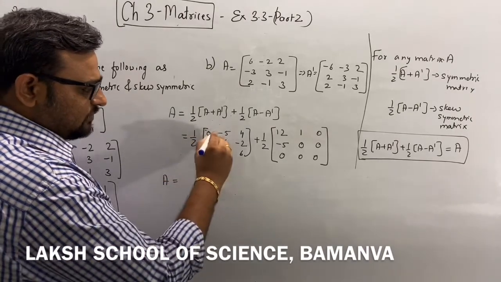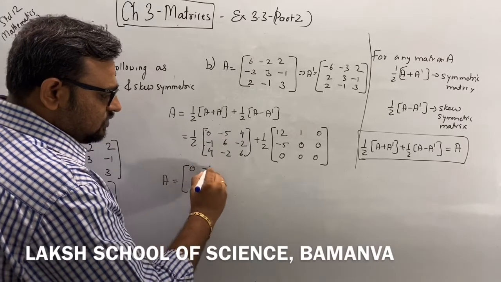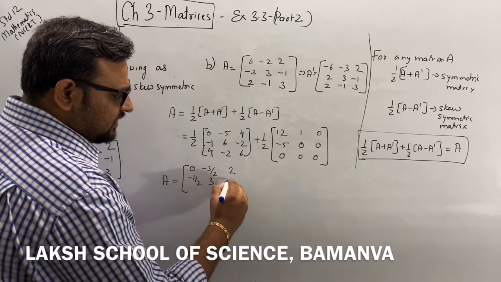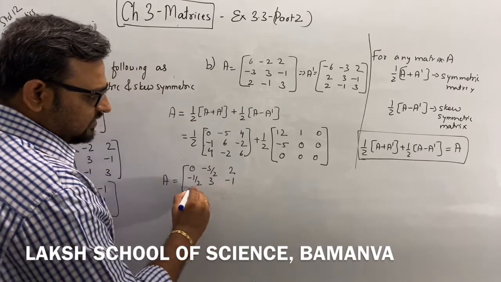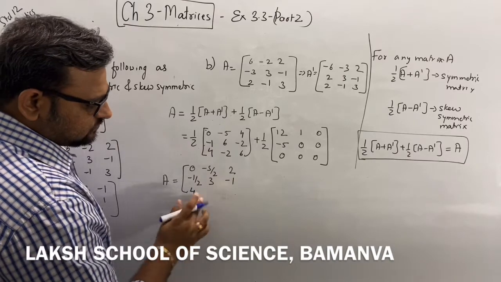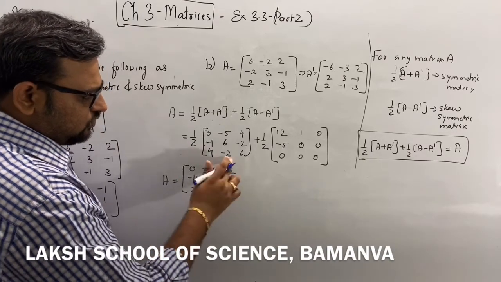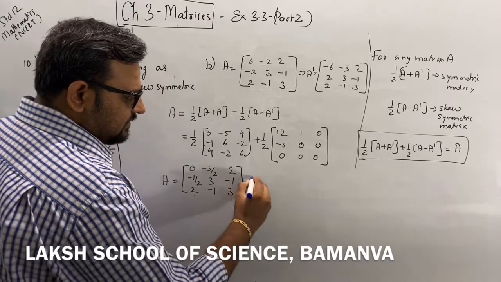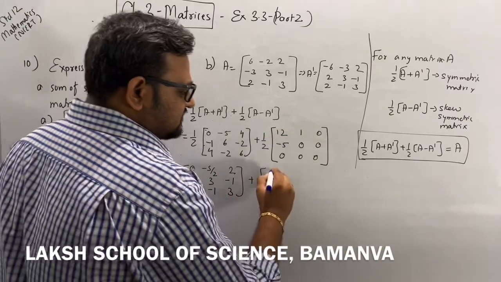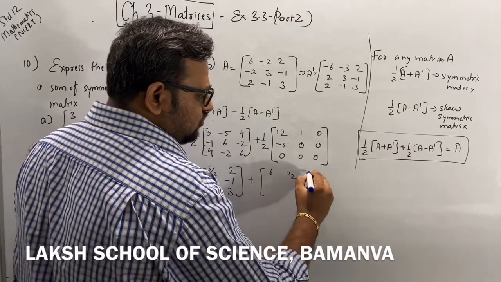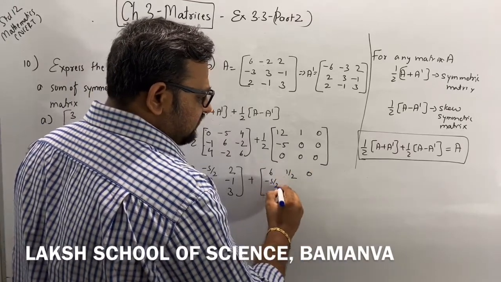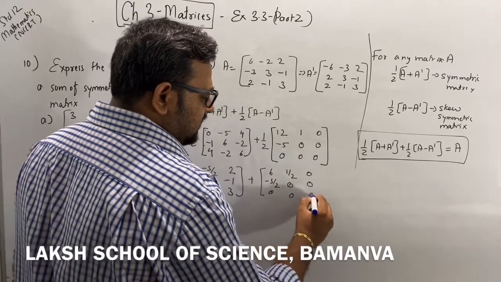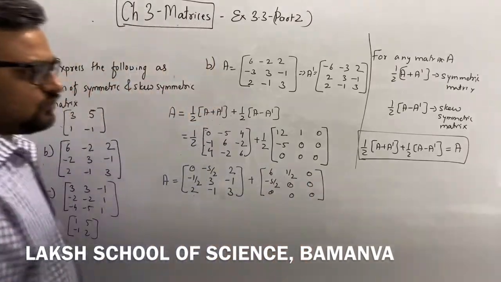Okay, so now A will be equal to 1 by 2 into 0, minus 5 by 2, 2, minus 1 by 2, 3 minus 1, 2 minus 1 and 3 plus 6, and 0 0 0 0.